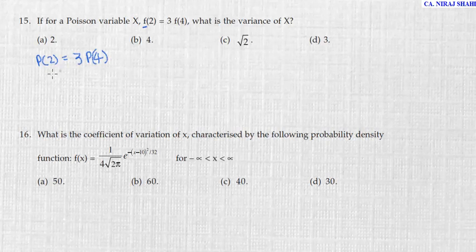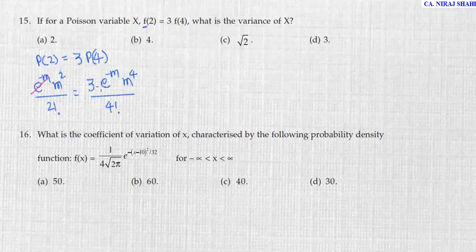Let's apply the formula here. So it is e raised to minus m, m raised to 2, divided by 2 factorial, is equal to 3 into e raised to minus m, m raised to 4, divided by 4 factorial.